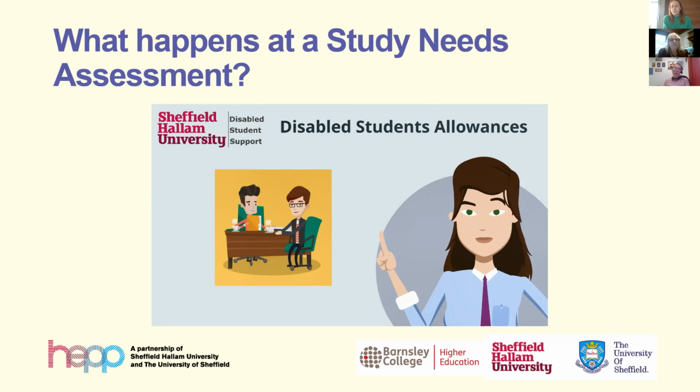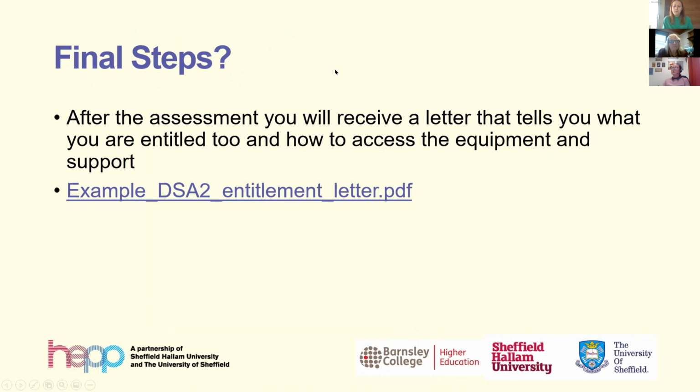The assessors are really experienced and know what lots of students want, and so they'll put that together with the course that you're on and how you manage your additional needs, and they'll look at the equipment, non-medical helper, travel costs, and all the other stuff like printing costs. But I'll make sure that that video is available. Yeah, brilliant, thank you.